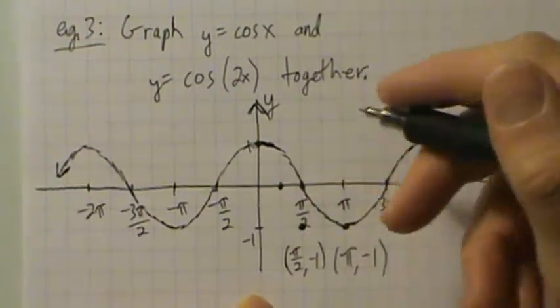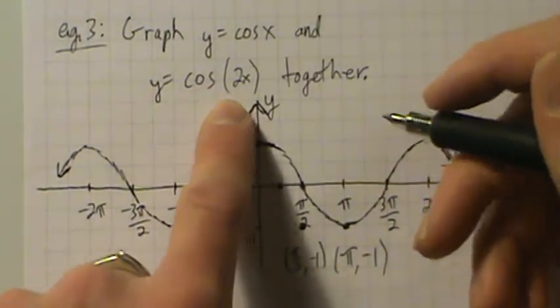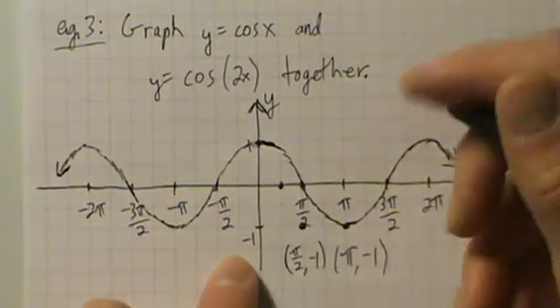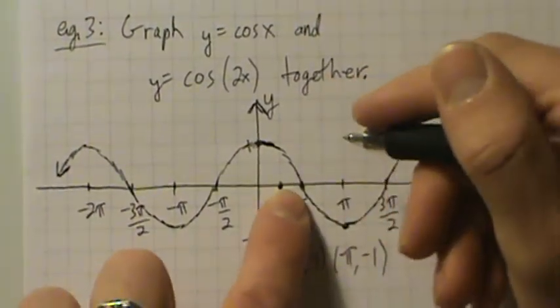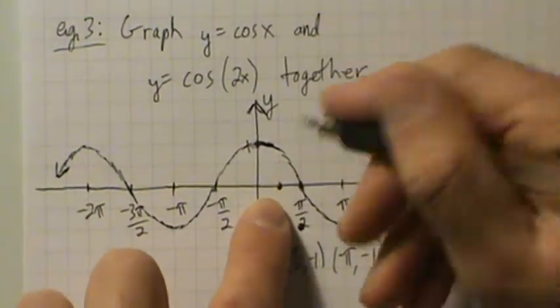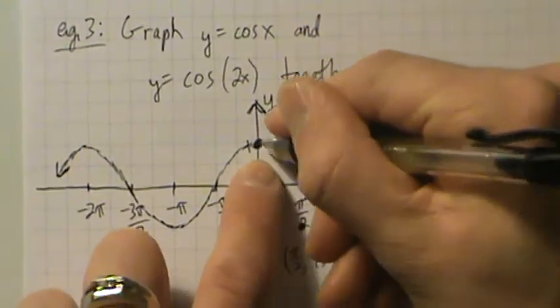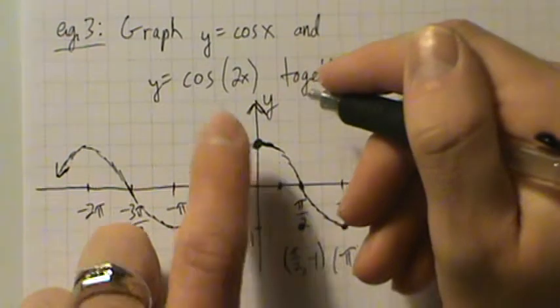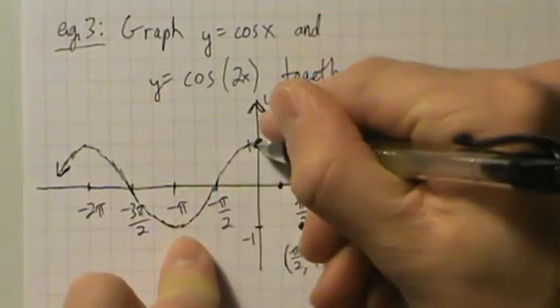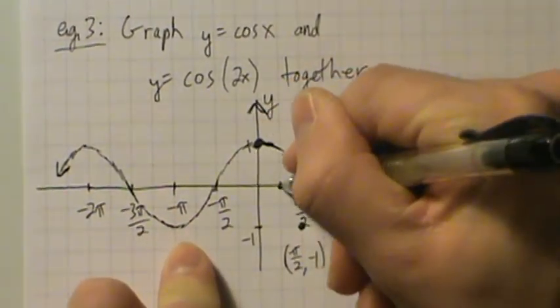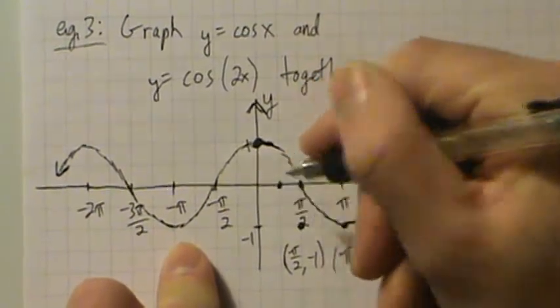Remember, when you multiply x by 2, everything actually gets squished in by a factor of 2. So this pi over 2, comma, 0 actually becomes pi over 4, comma, 0. And 0, comma, 1 stays 0, comma, 1 because if you divide the x-coordinate 0 by 2, you still get 0. So this point's still here. This point becomes this point.